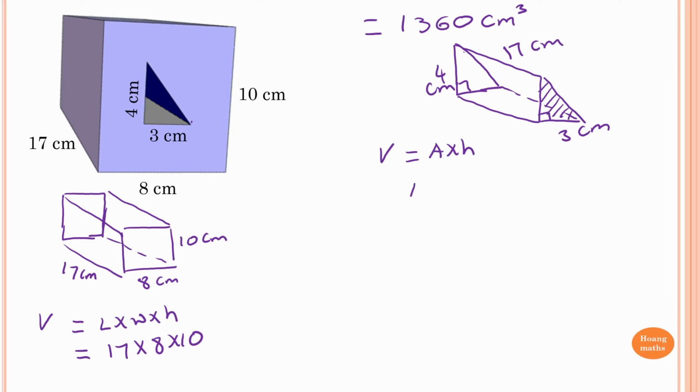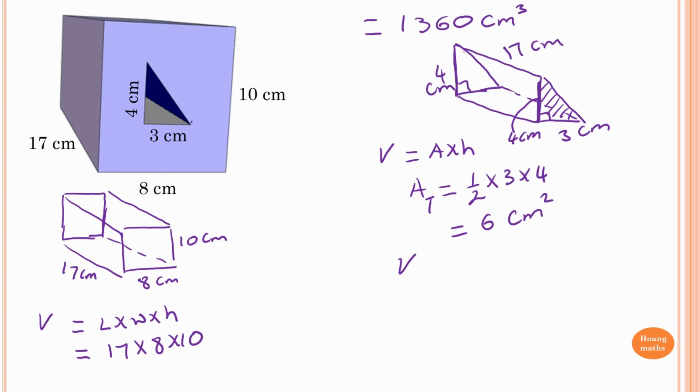So area of a triangle, let's say T, is a half times base times height. In other words, two perpendicular lines multiplied together. The length of this is 4 centimeters as well, because it's in the back here, it's the same. So that's half times 3 times 4, which is 6 square centimeters, because it's area.